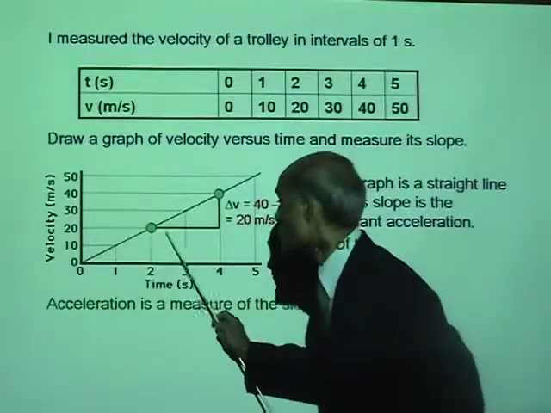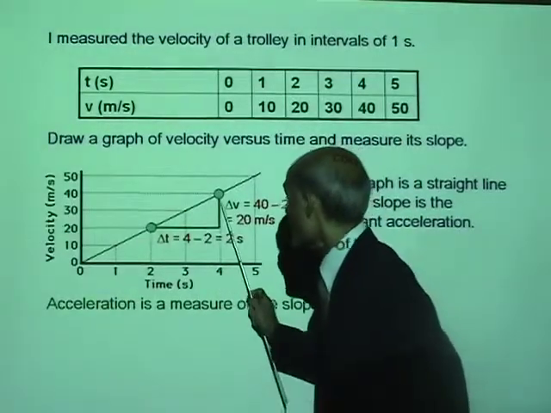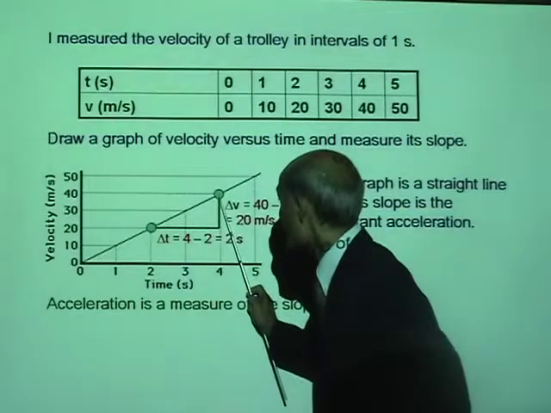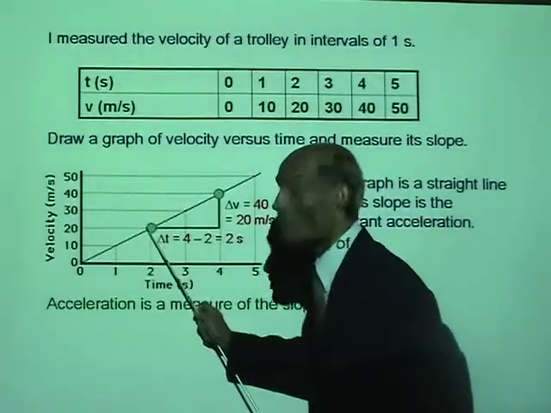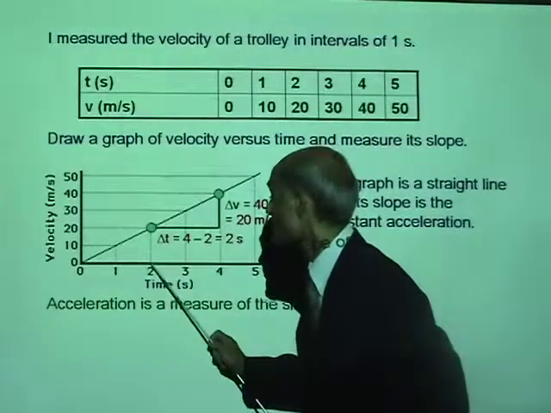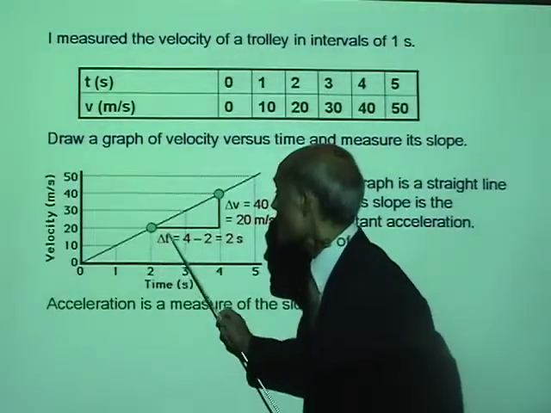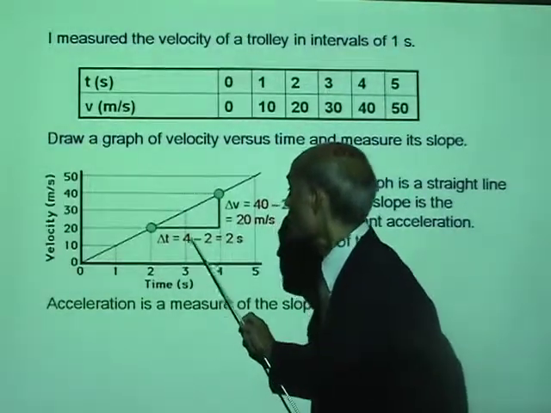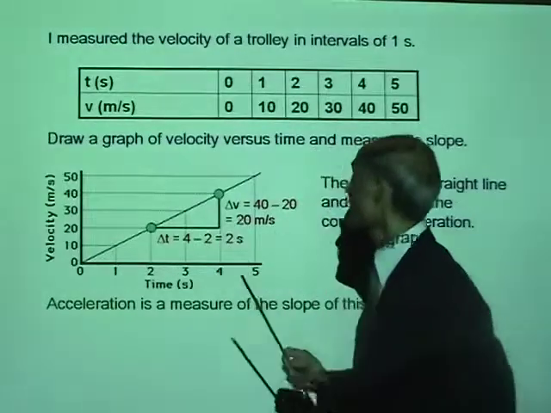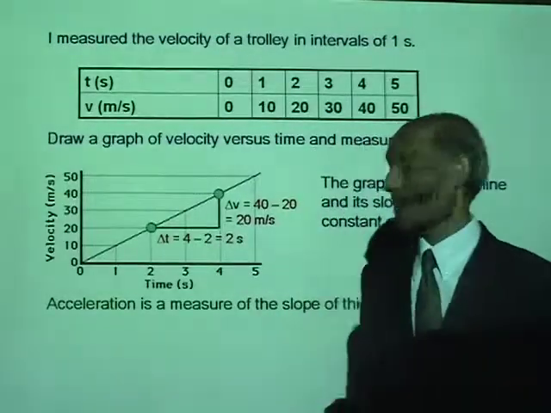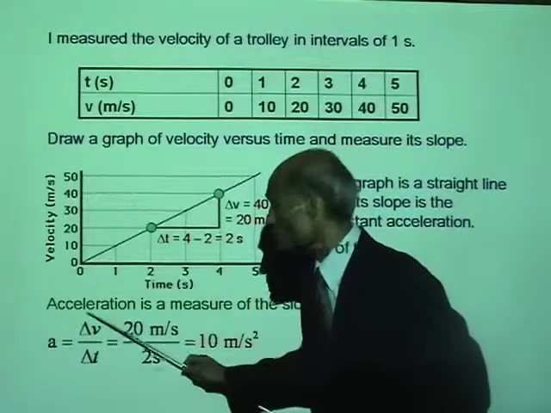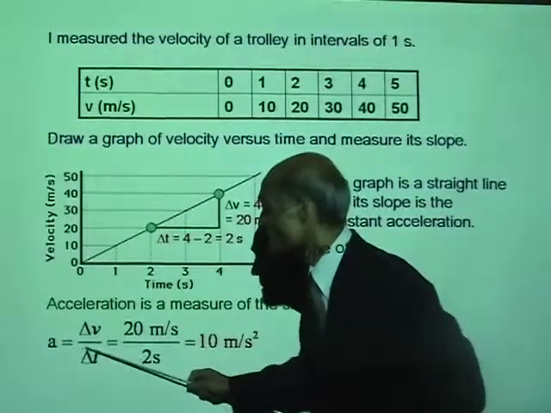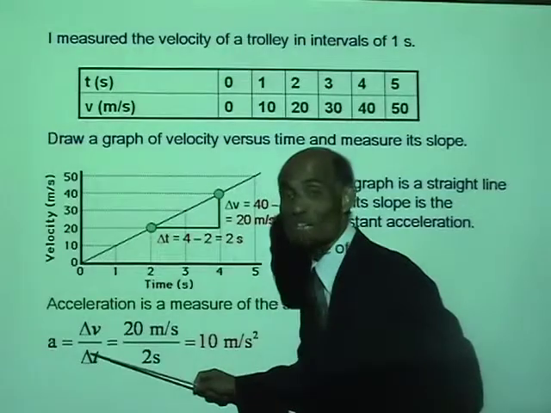Let's find the change in time. Now, the time for the second point is 4 seconds. The time for the first point is 2 seconds. The change in time, delta t, is 4 minus 2 equal to 2 seconds. Therefore, what is the slope? Acceleration, the slope, is delta v divided by delta t.